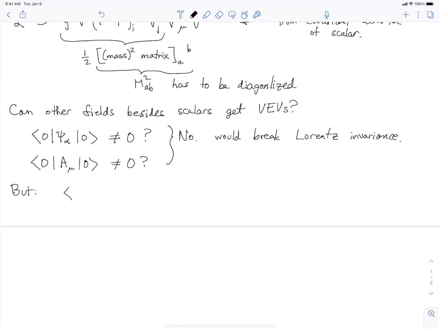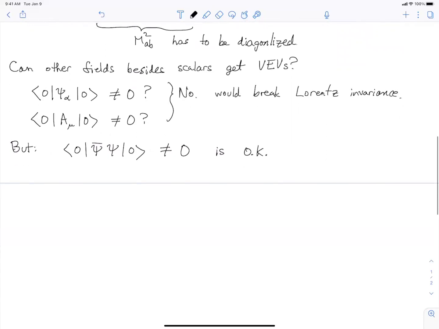You can have a vacuum expectation value for something like psi bar psi, because psi bar psi is a Lorentz scalar. It doesn't transform under Lorentz transformations, and so this can be non-zero. And in fact, this does happen in quantum chromodynamics.